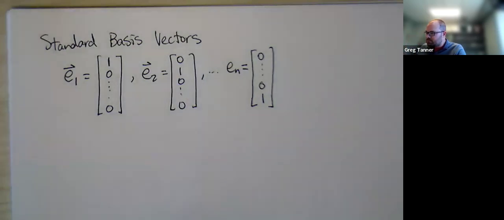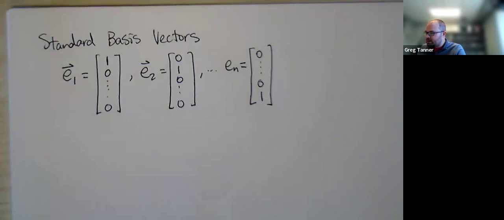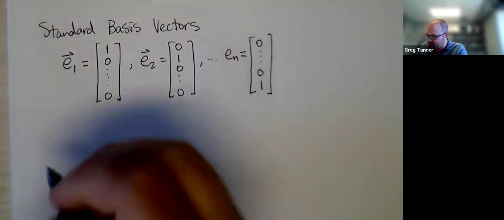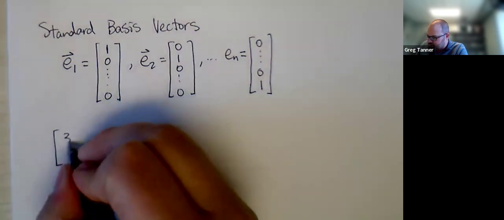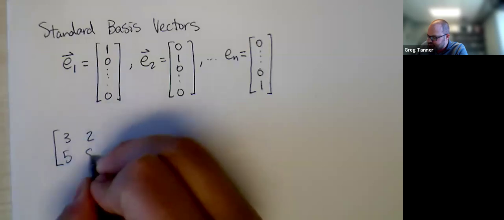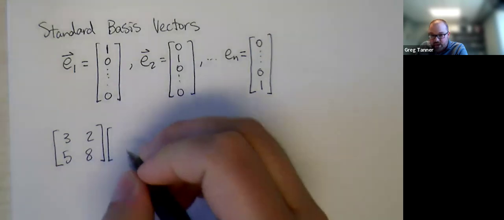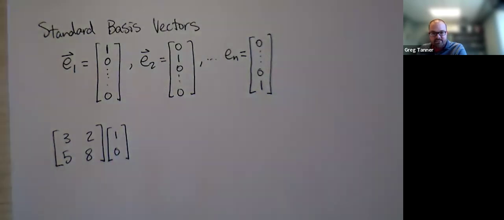And so two things you can do is you can take a matrix and multiply by one of the standard basis vectors. So let's take our now familiar matrix 3, 2, 5, 8. And let's multiply, on the right, by the first standard basis vector.